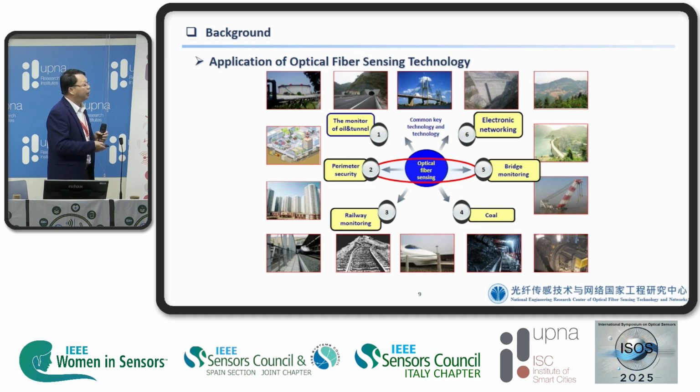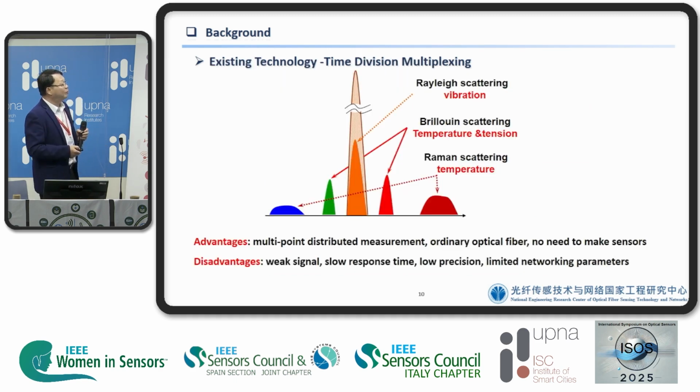Normally for distributed sensing we have different technologies: one is Raman scattering, another is Brillouin scattering, and the other is Rayleigh scattering. Normally Rayleigh is for vibration, Brillouin for temperature and strain, and Raman scattering for temperature measurement.